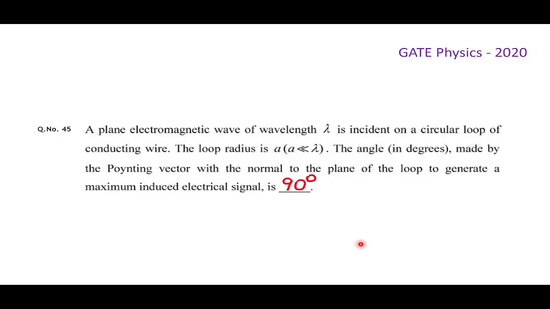Yes, sir. Okay. Sir, what is the significance of that A less than lambda? Yeah. So here, what I understand from this question is that basically, if the size of the loop is very small compared to lambda, then the phase of the electromagnetic wave, because phase we define as 2 pi by lambda times path difference, right?